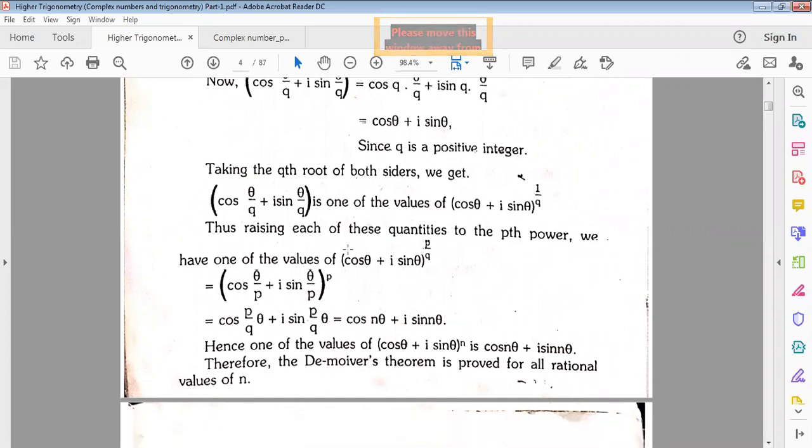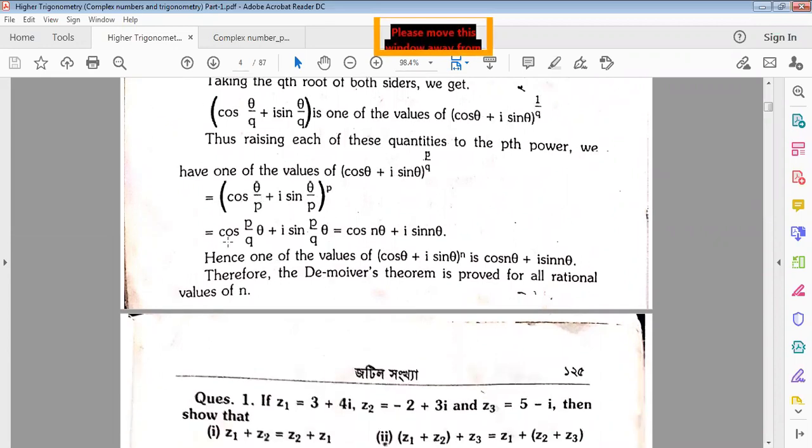Now raising each of these quantities to the pth power, we have one of the values, taking power p on both sides. (cos theta + i sin theta) to the power p by q equals (cos theta by q + i sin theta by q) to the power p. Using the first case, this is cos (p by q) theta + i sin (p by q) theta.